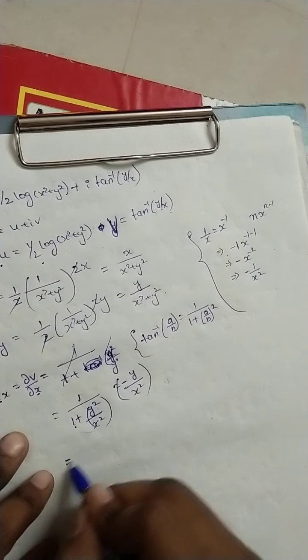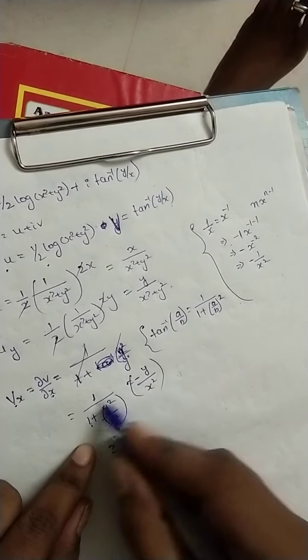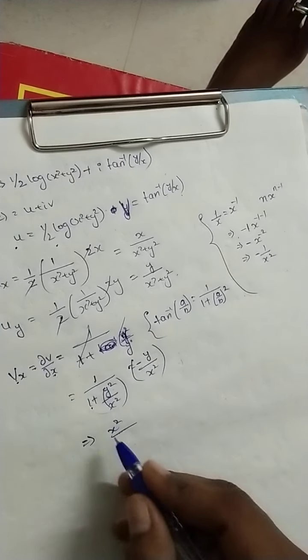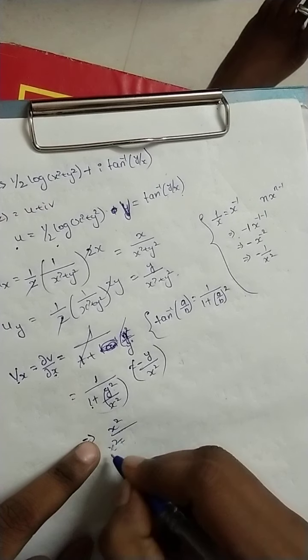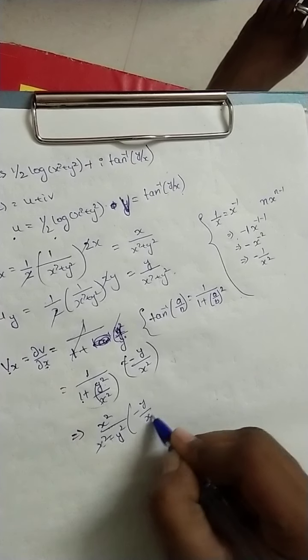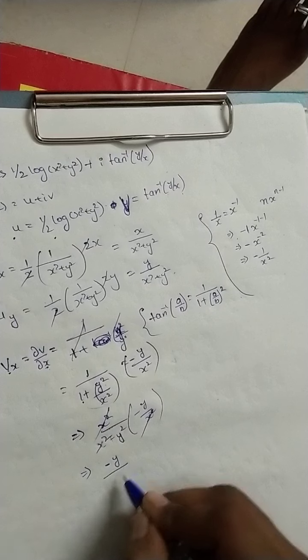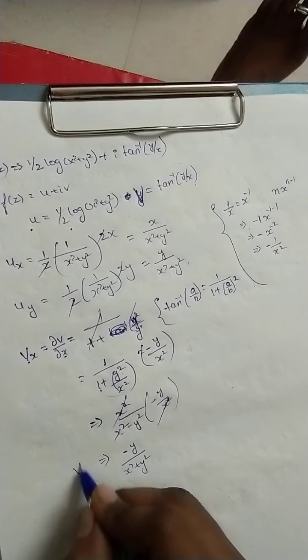When you simplify this part, after taking LCM, the numerator is x square and the denominator is x square plus y square, into minus y by x square. Now x square and x square will get cancelled, so left out is minus y by x square plus y square. So this is our vx.